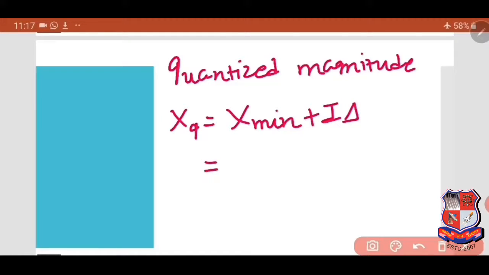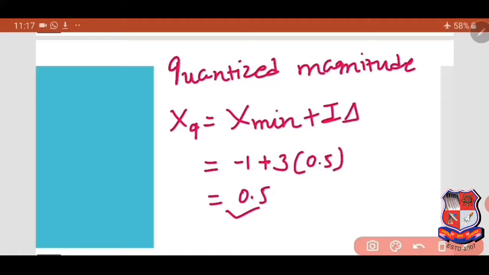So the value of x mean is -1, plus the index value for the first sample, which we found to be 3, and the step size remains the same, that is 0.5. So the answer is 0.5. So the value of xq for the first sample is 0.5.